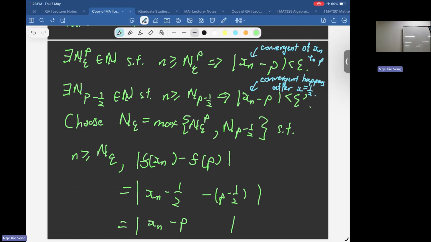You just get S_n minus p. Then this S_n minus p is exactly the convergence that you can see there. So we can bound this S_n minus p by epsilon. It's exactly what you wanted. You use the convergence of S_n to show the convergence of f(S_n). Does that make sense?